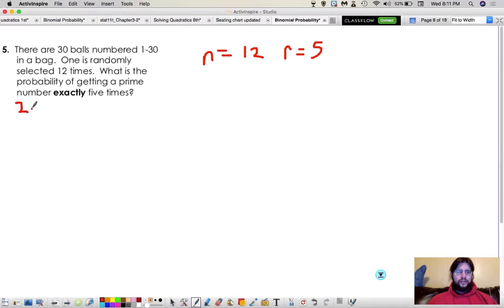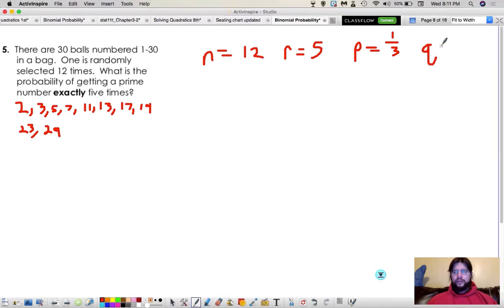There's 2, 3, 5, 7, 11, 13, 17, 19, 23, 29. 1, 2, 3, 4, 5, 6, 7, 8, 9, 10. That's 10 out of 30, or 1/3 for P. And Q would be 2/3, or 20 out of 30 if you want to look at it that way.